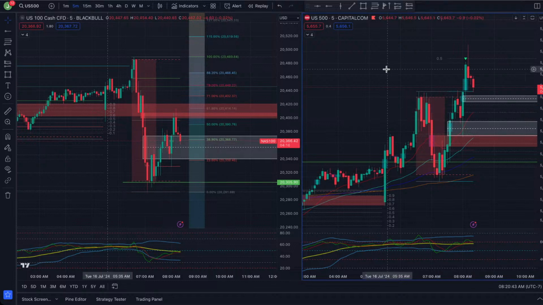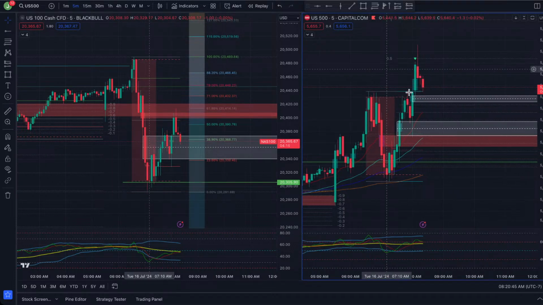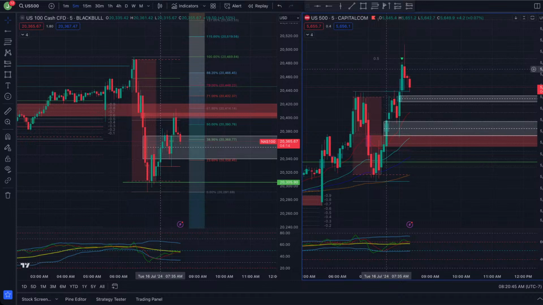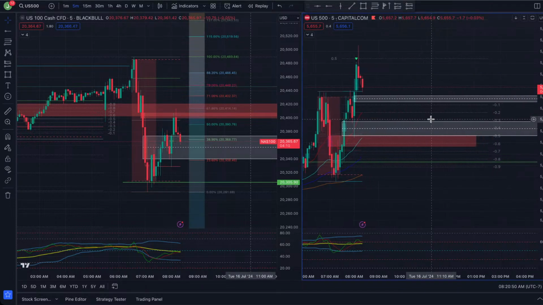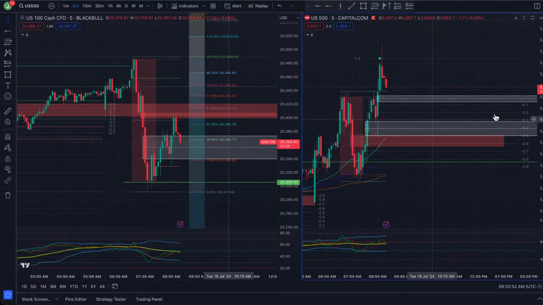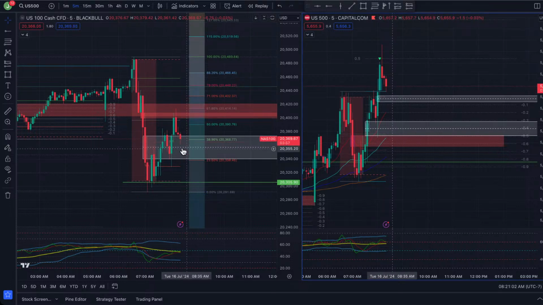A fair value gap there. It's already filling in one fair value gap here. Between 2 and 3 standard deviations. NAS back in the fair value gap. Let's see if it rejects off the consequence encroachment.